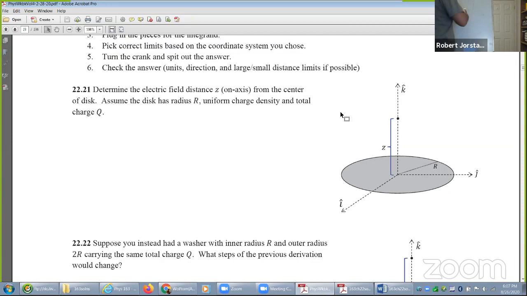Okay, we're at some point here, distance Z. The radius of this thing is capital R, and I think it was uniform with total charge Q.